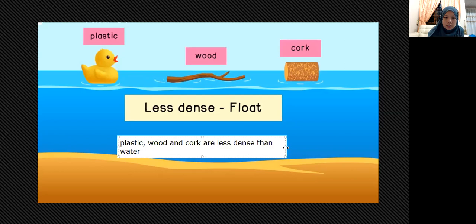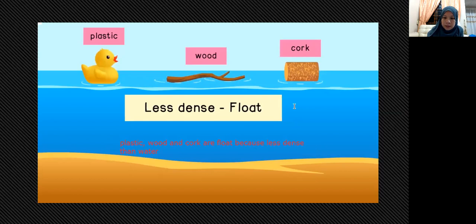Okay, plastic, wood, and cork float because they are less dense than water. So the keyword here, they float because they are less dense than water. Okay, look at the next slide.